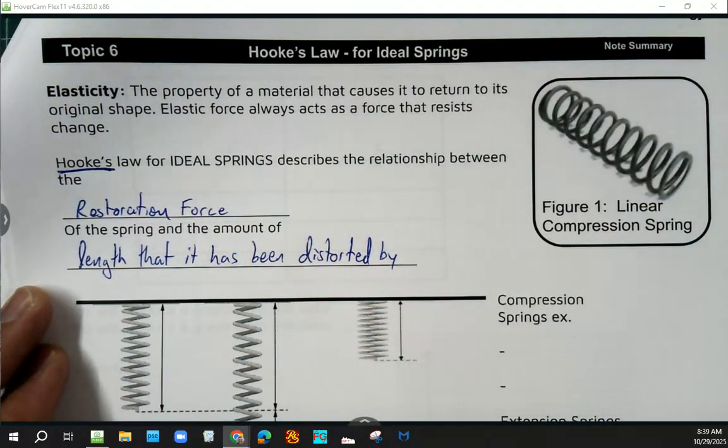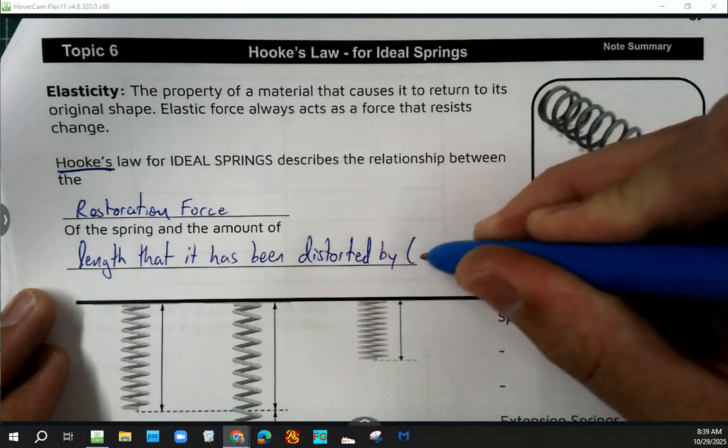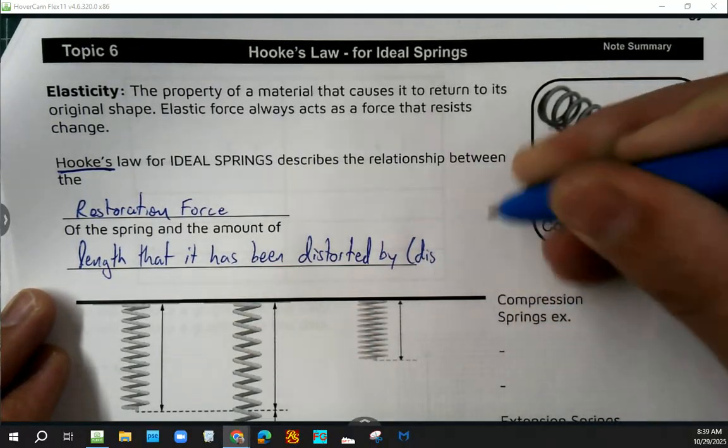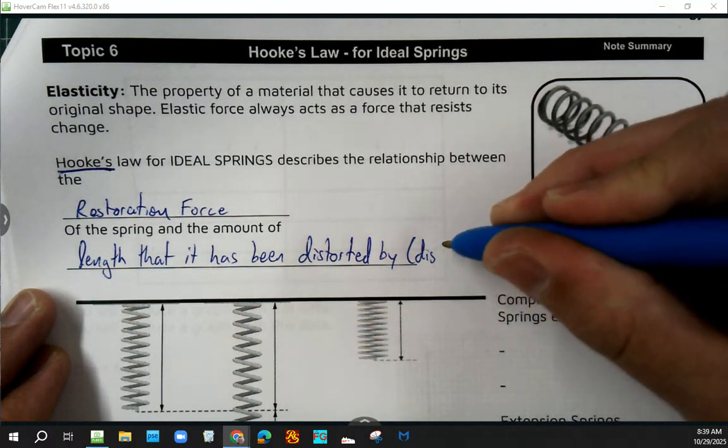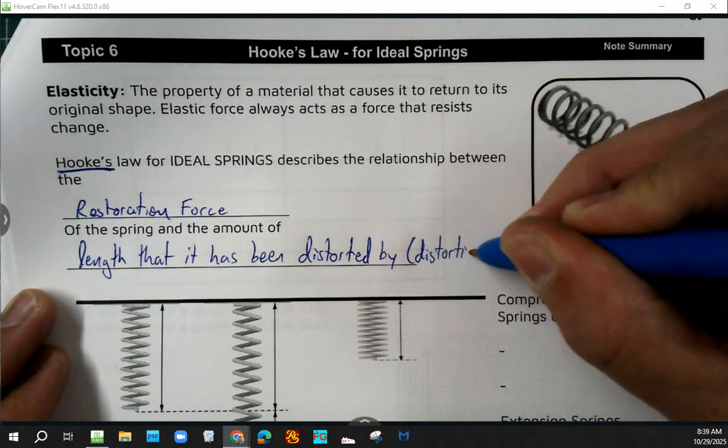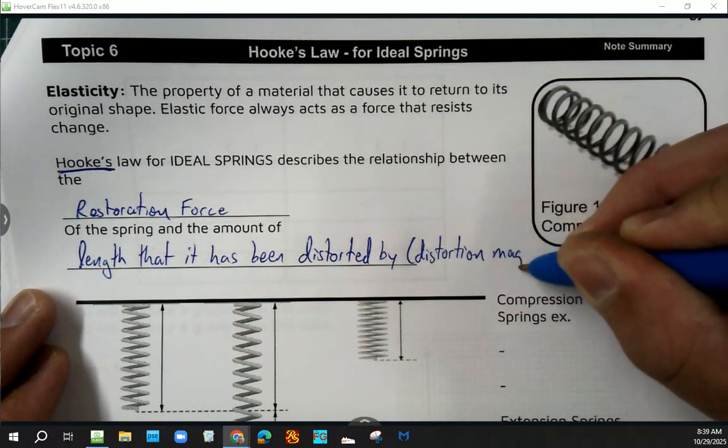And you might have people throw out words like distortion magnitude, which just sounds very academic, but it means the length that it has been distorted by.